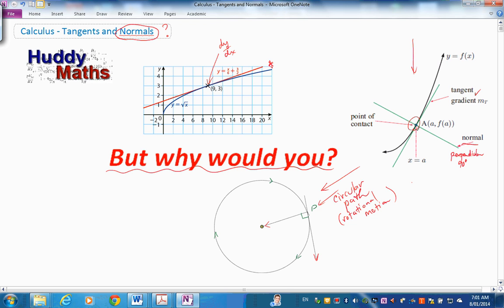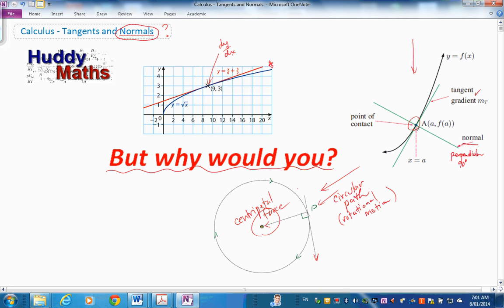So it's got a circular path. I don't know whether you know much physics, but to keep a body or a point P moving in a circular path, you have to have an inwards force. It's called a centripetal force. Centripetal force. So that the point P is held in that circular motion.